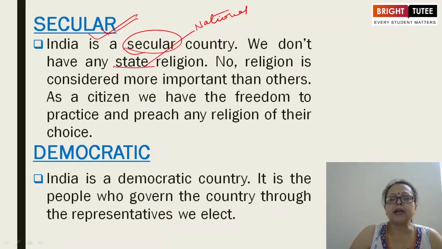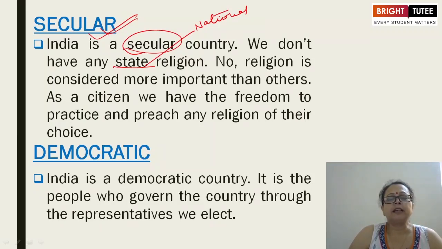As citizens, we have the freedom to practice and preach any religion of our choice. Our constitution gives equal status to each and every religion.